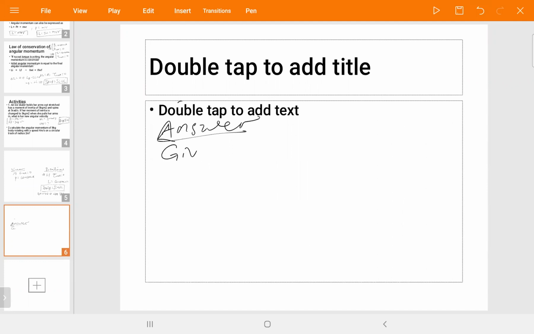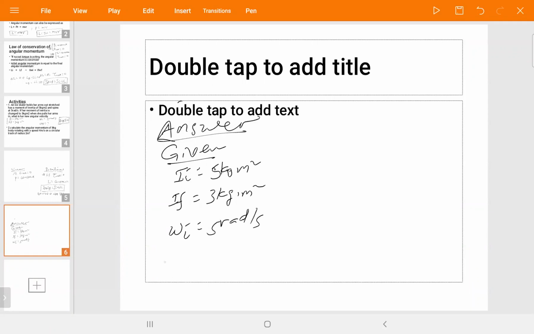Okay, the given quantities are the initial moment of inertia of the skater, which is 5 kilogram meter square, and the final, which becomes 3 kilogram meter square, and her initial angular speed was 5 rad per second. We are looking to find the final angular speed of the skater.